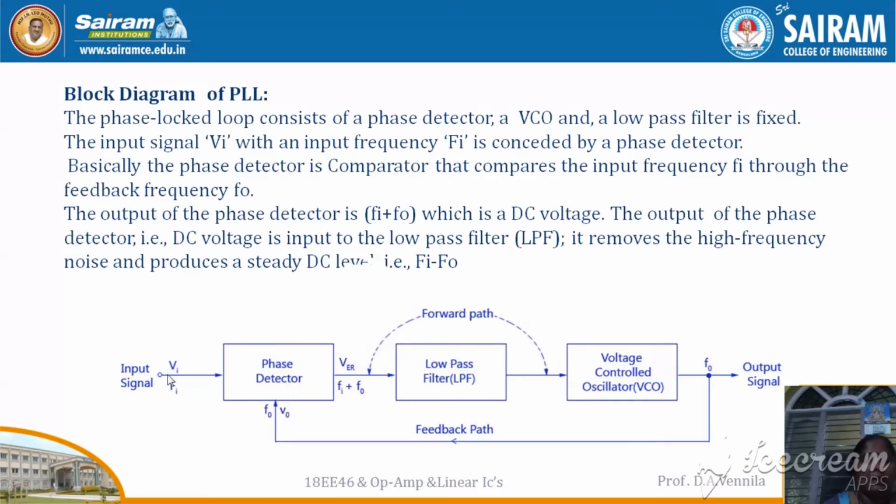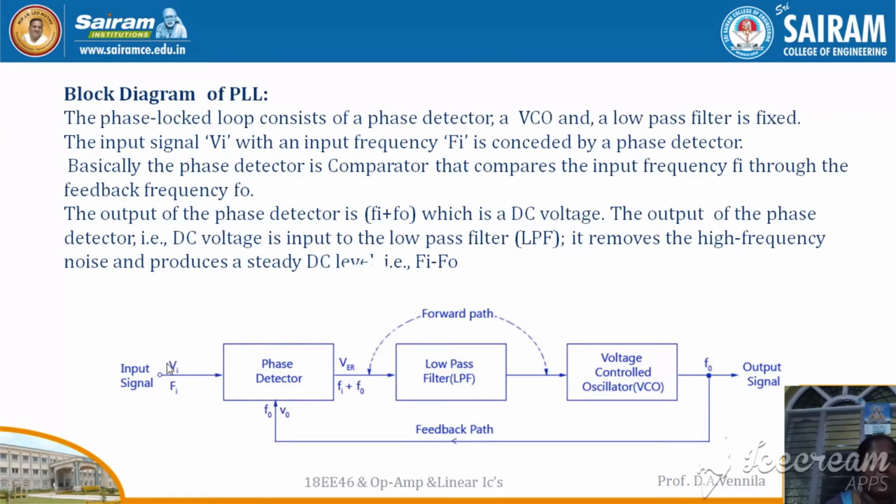So here the input signal having some frequency is given to the phase detector, and the output of the VCO will be taken and it is given to the phase detector. In this phase detector, the input frequency and output frequency will keep on comparing. So the phase detector will act as a comparator.